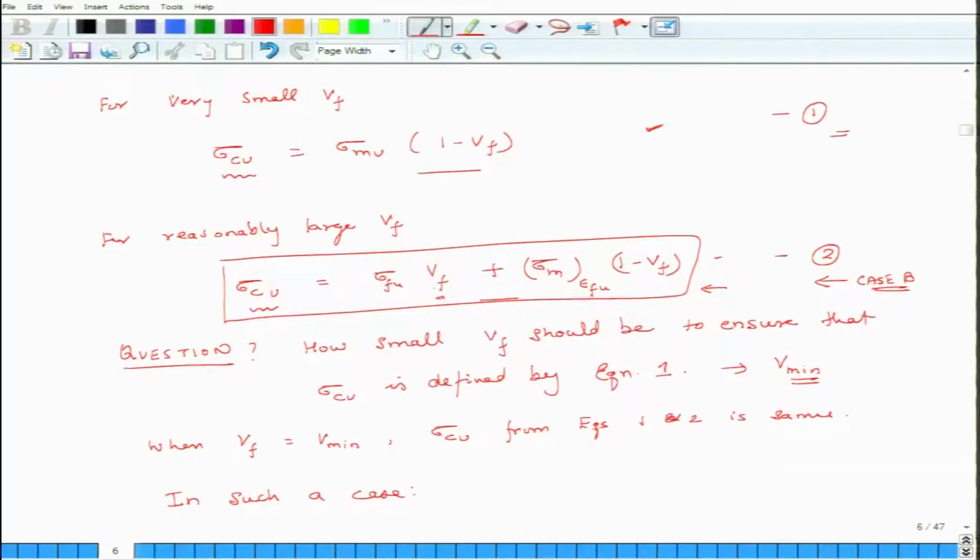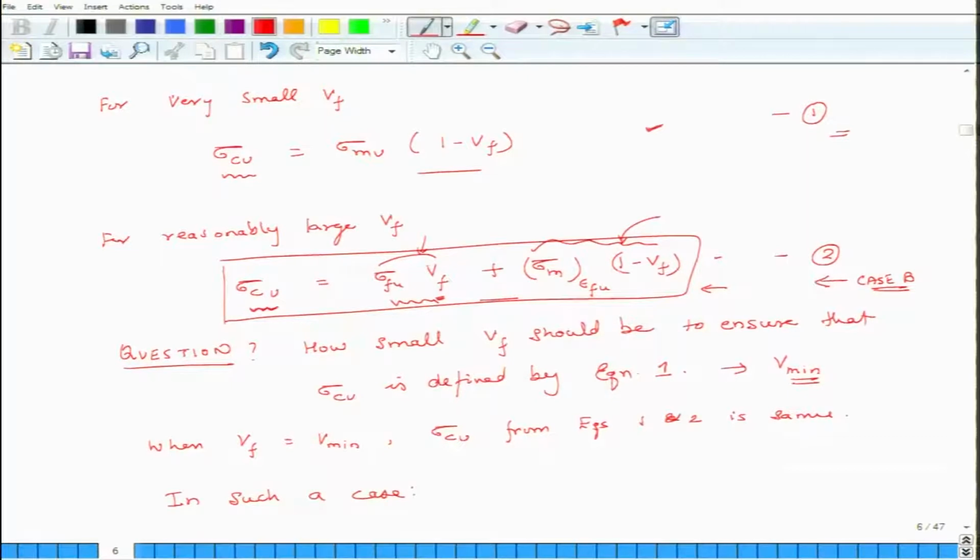Now, if the volume fraction is very small, the strength of the composite will have two terms, this term and the other one, this term. The contribution of the term where the strength of the fiber is involved will be very small.